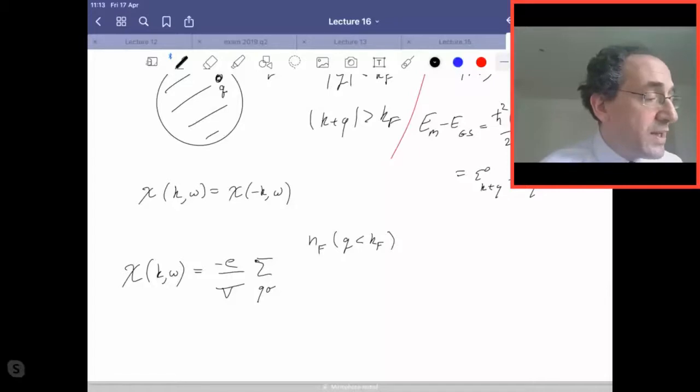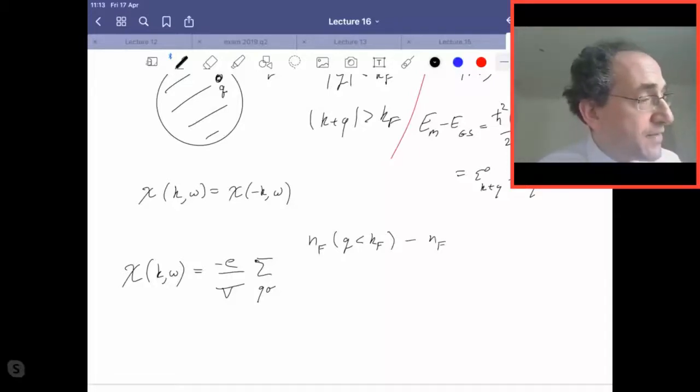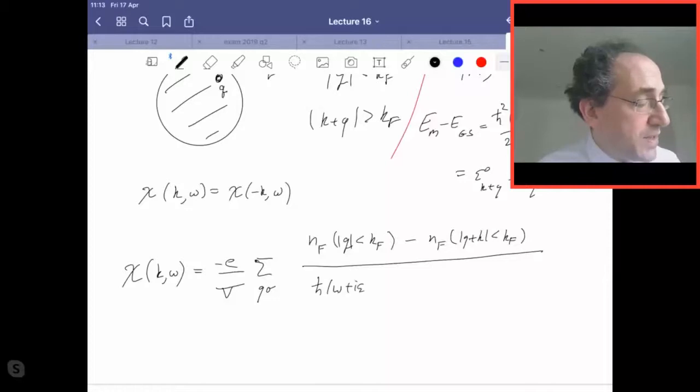It gives you 1 if q is less than kF and 0 otherwise, minus n_F of absolute q plus k less than kF, divided by the denominator h bar omega plus i epsilon minus epsilon naught of q plus k minus epsilon naught of q.